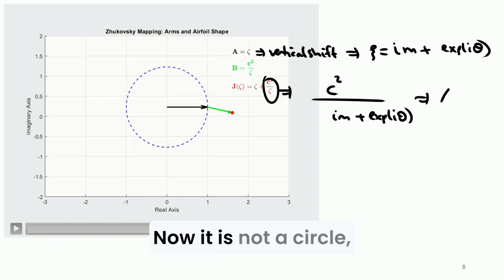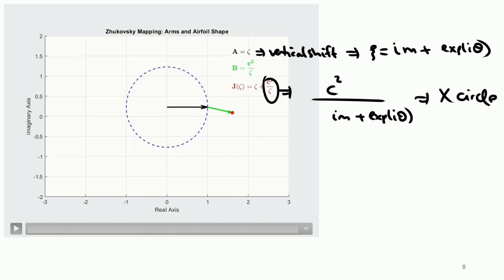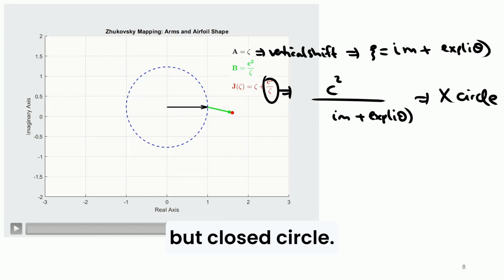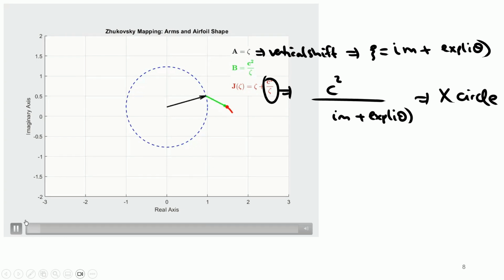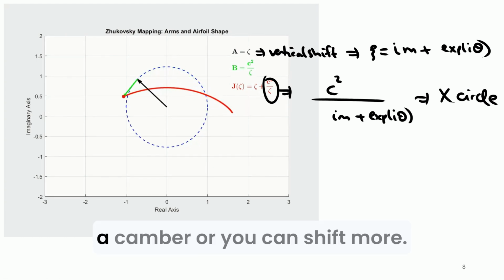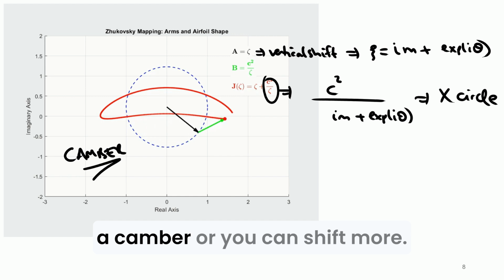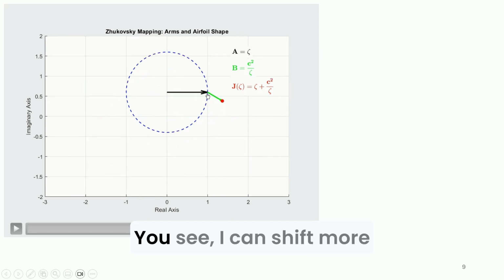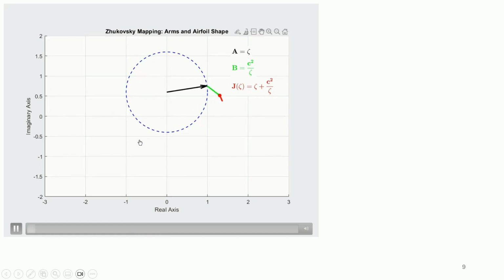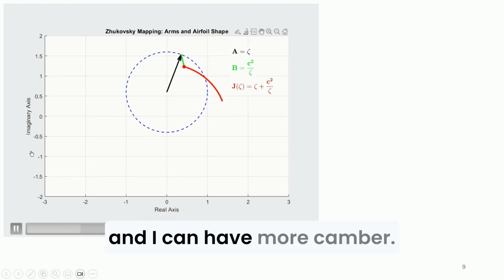Okay, now it is not a circle, but a closed curve. Or you can shift more. You see, I can shift more and I can have more camber.